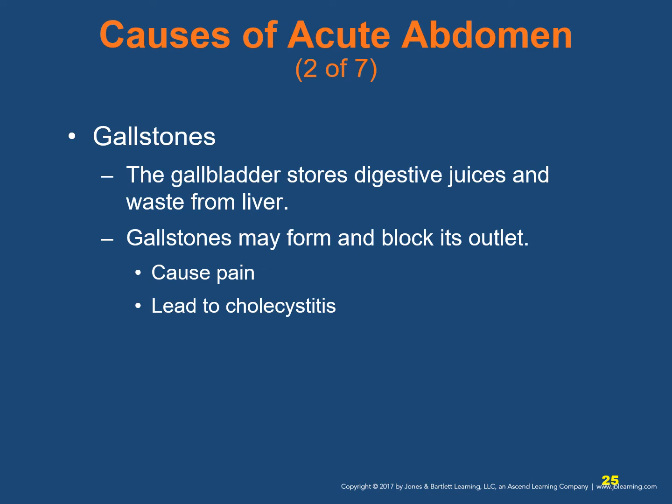Gallstones are a major problem in the abdomen and a common one. The gallbladder itself is a storage pouch for digestive juices and waste from the liver. Gallstones may form, and if the blockage does not pass, it can lead to severe inflammation of the gallbladder called cholecystitis.